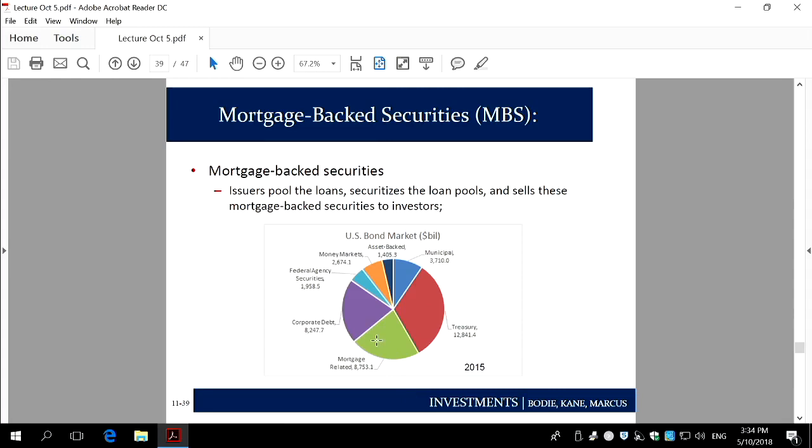And they are a little bit bigger than the corporate bonds. So still a very important type of security in terms of size, right? It's just that some issuers of those mortgage-backed securities pool all those mortgage loans, securitize the loan pools, and sell those securities to investors. And I talk a little bit more about this.